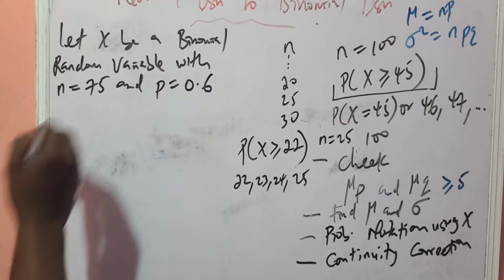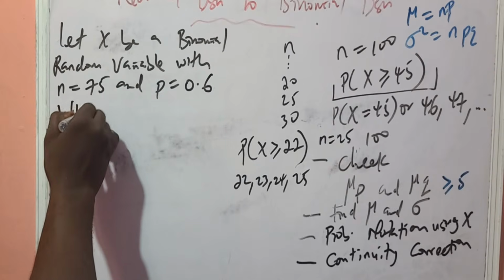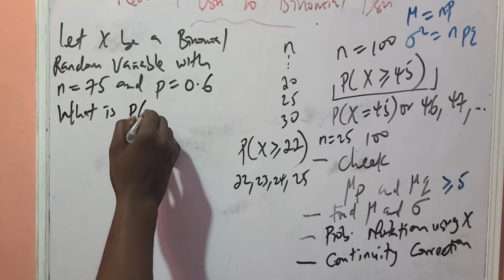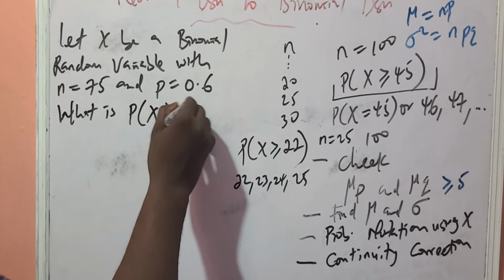So the question which I want us to solve now is, what is the probability of x greater than or equal to 52?